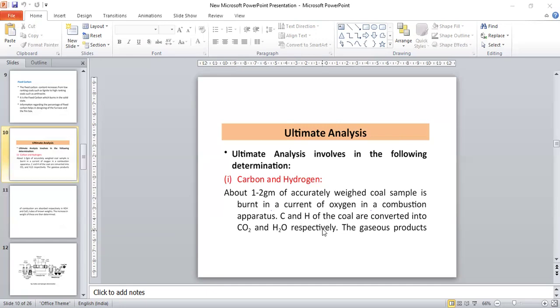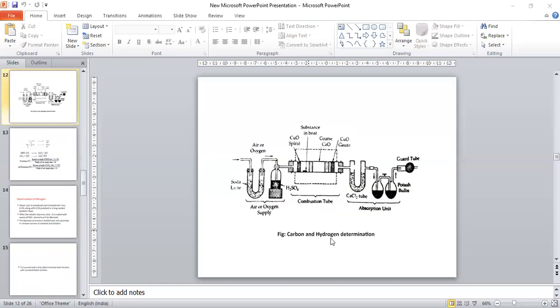If you observe this combustion apparatus, this is the combustion chamber. When we pass this coal sample through the combustion chamber, the products are passed through the 2 bulbs here.